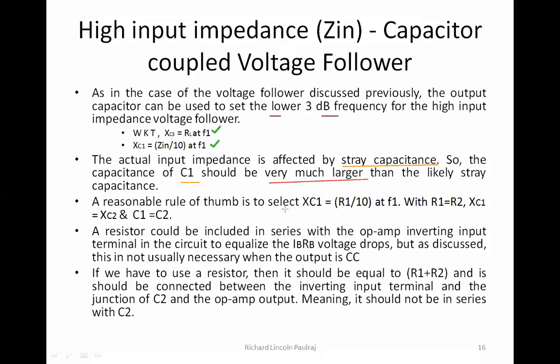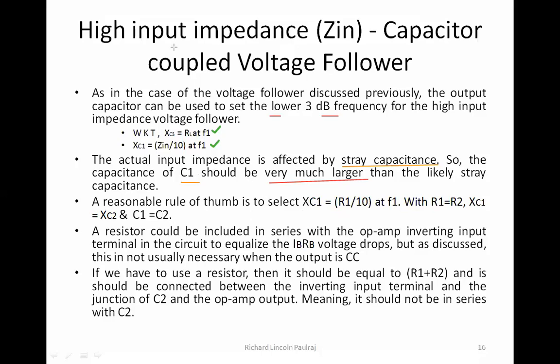A reasonable rule of thumb is to select Xe1 equal to R1 by 10. Yes, we have seen that at F1, the initial frequency. And we are also considering R1 equal to R2, Xe1 equal to Xe2, and C1 equal to C2.